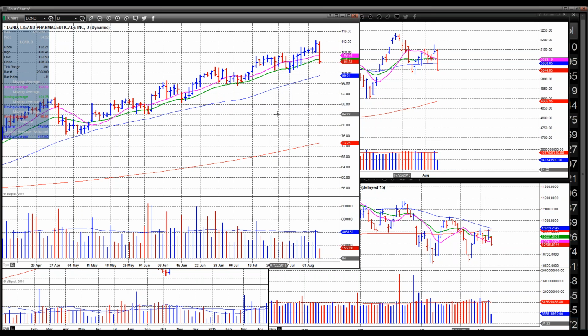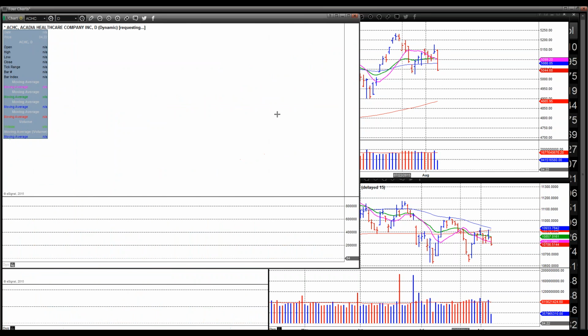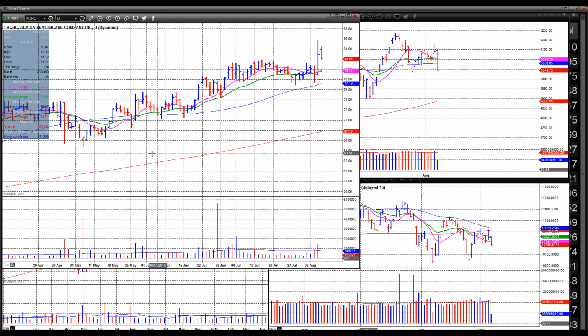Another stock is ACHC. This is one we put on the list May 27th. On this day it had a nice little pocket pivot breakout, and it never went below the low of the pocket pivot day, but it was fairly choppy and sloppy in its price action.